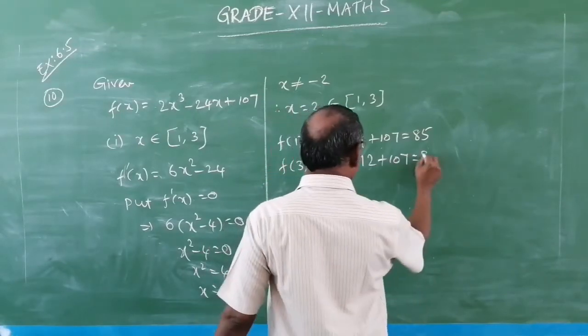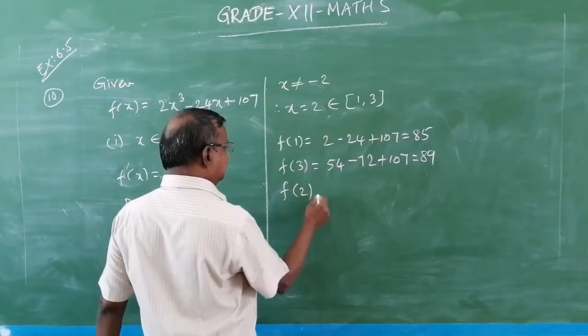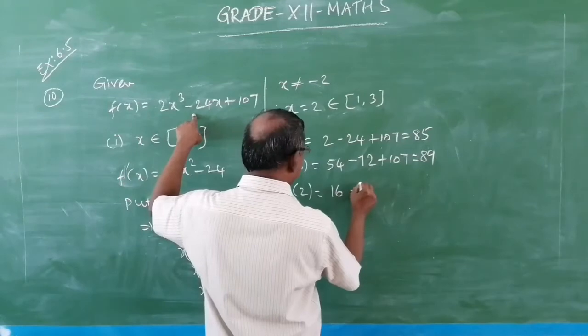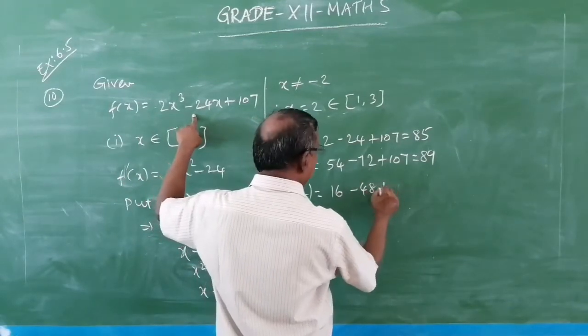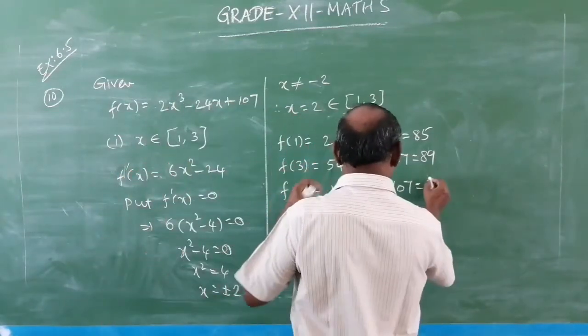F of 3 equal to 89, and f of 2, the critical number, f of 2 equal to 2 cube 8, 2 eights are 16 minus 48 plus 107 equal to 75.